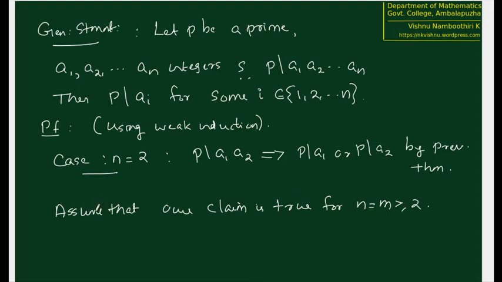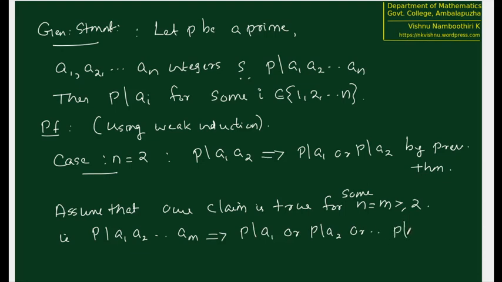So assume that our claim is true for some n equal to some m that is greater than or equal to 2. We will show that our claim is true for m plus 1 also. That is, this claim is true means P divides A1, A2, etc. Am implies P divides A1 or P divides A2 or etc. P divides Am. Assume that this is true.